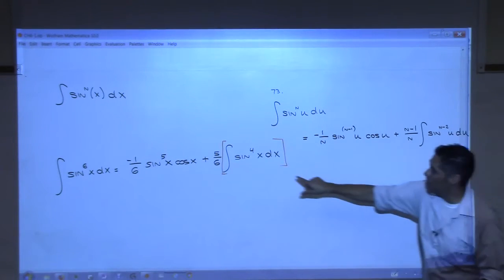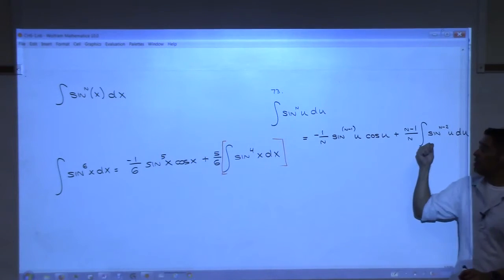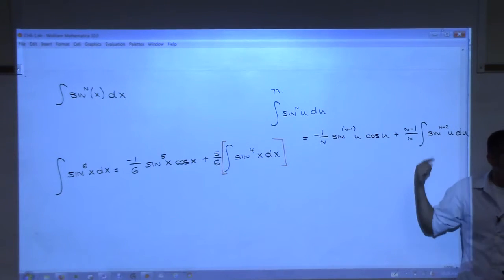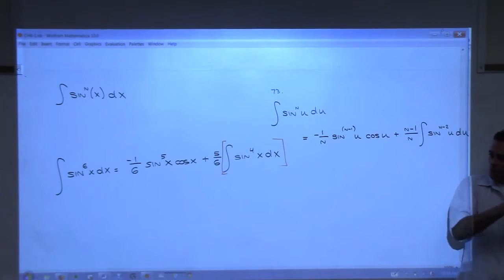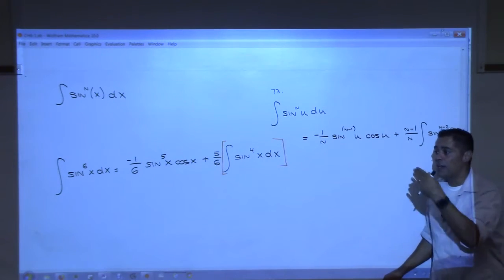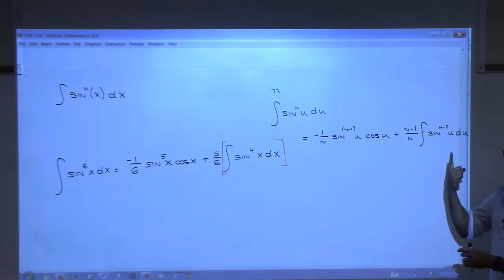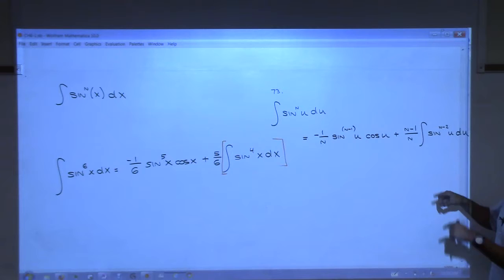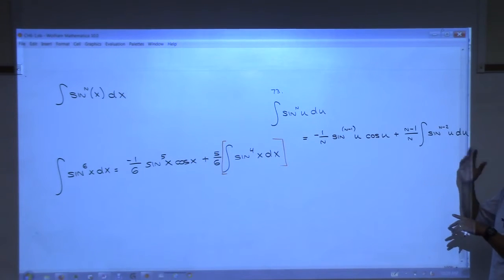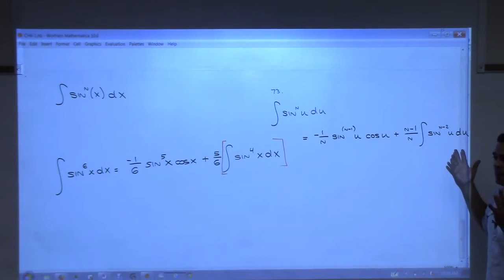So that would all go in right there for the orange. And then that other integral that was sine squared now, you would use this formula again. So you see how it'd be like the formula within the formula within the formula? Keep doing that over and over. Until you get it down to sine to the 0, which would just be 1. So at the very end, you'd have an integral, and that integral would be antiderivative of dx, which would be 1. So you would finally get it.